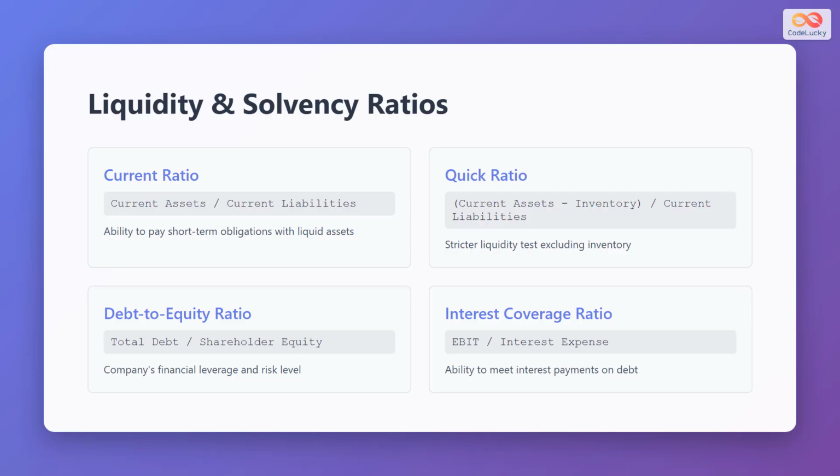The debt-to-equity ratio is total debt divided by shareholder equity, showing the company's financial leverage and risk level. The interest coverage ratio is EBIT divided by interest expense, indicating the ability to meet interest payments on debt.